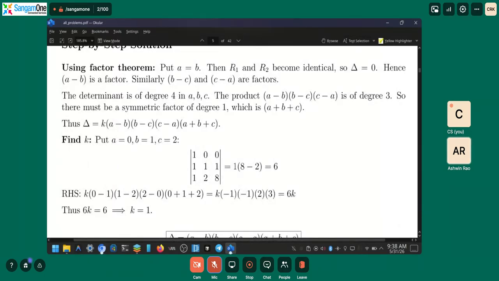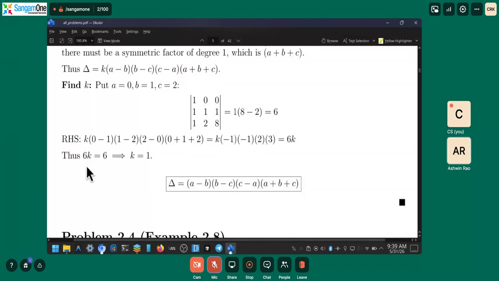Then we put A is equal to 0, B is equal to 1, C is equal to 2. We will get this determinant. After that, 1 into 8 minus 2 is equal to 6. On the RHS we evaluate minus 1 into minus 1 into 2 into 3, which corresponds to 6k. Thus, 6k is equal to 6, k is equal to 1.